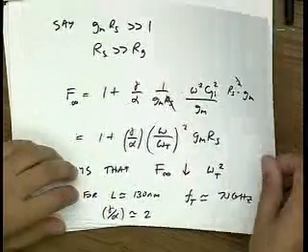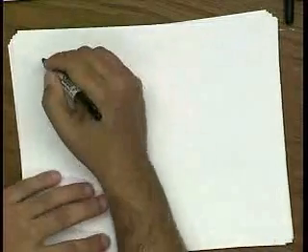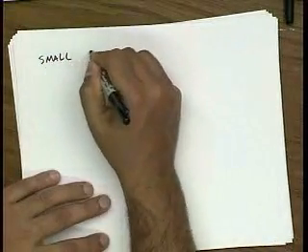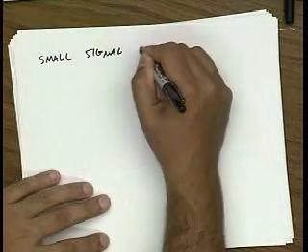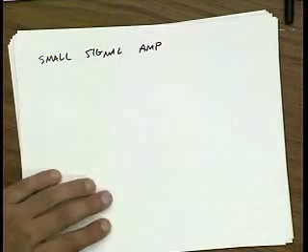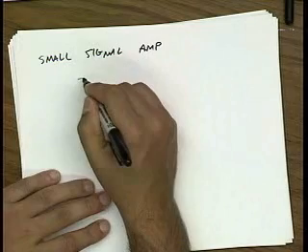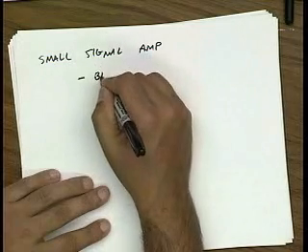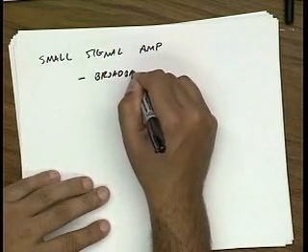All right, so now armed with this new knowledge of noise figure, we can complete our design of small signal amplifiers. For a small signal amplifier, we basically know how to make them broadband using feedback.